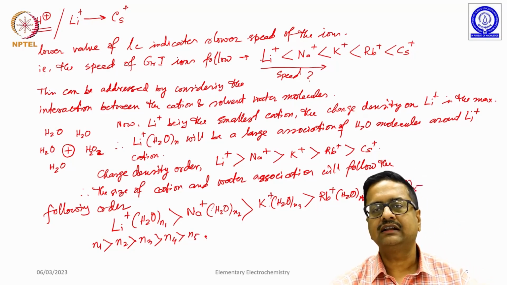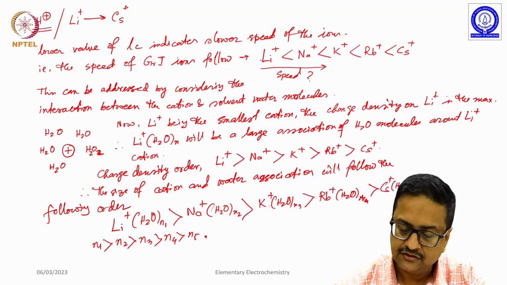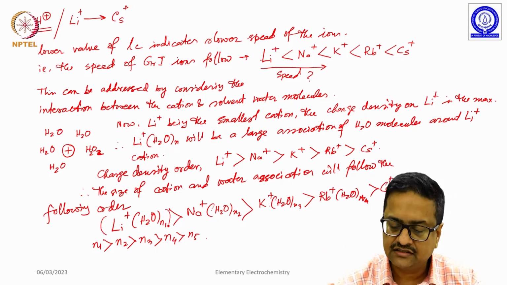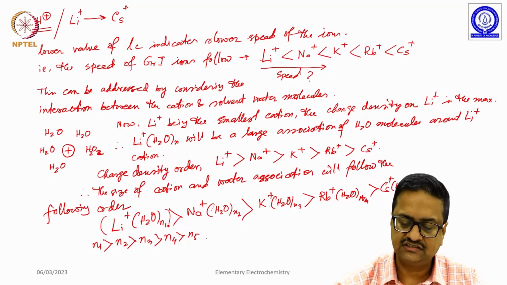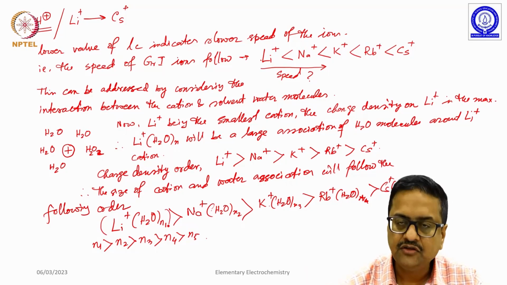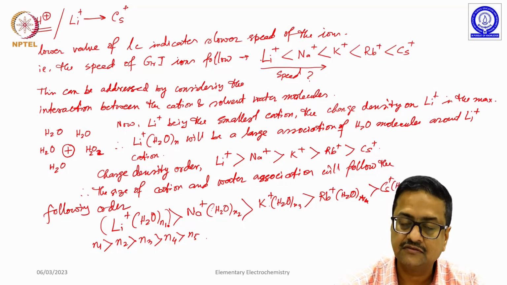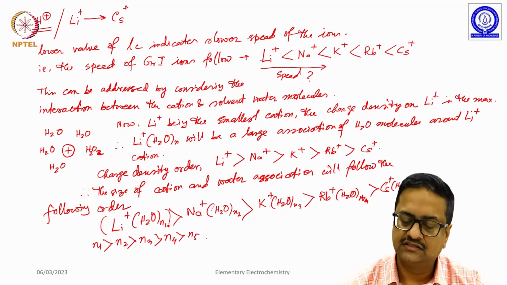So now what we can understand is that lithium has a much larger size of the cation-water complex, that is cation-water association, and hence the motion of that cation-water complex under the influence of a potential difference is much less compared to others.